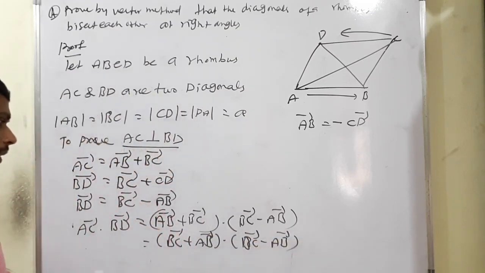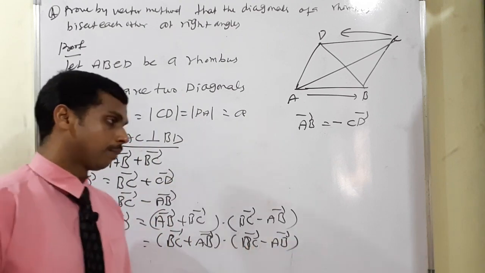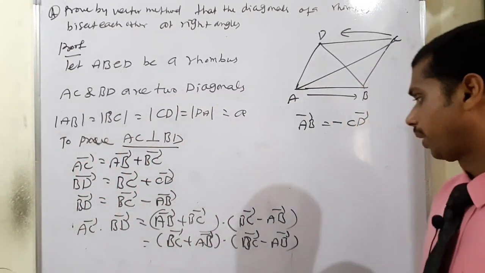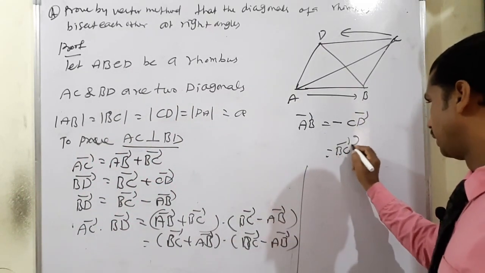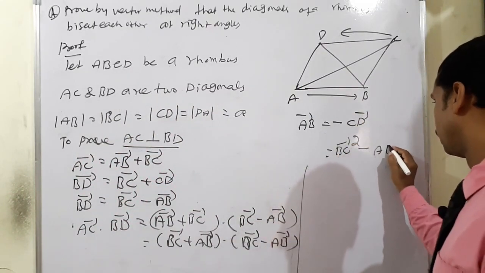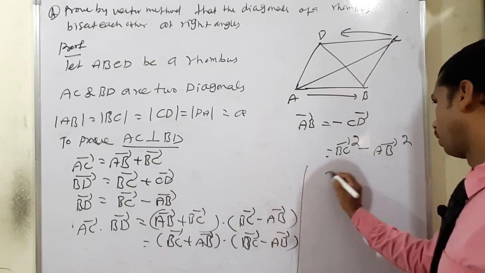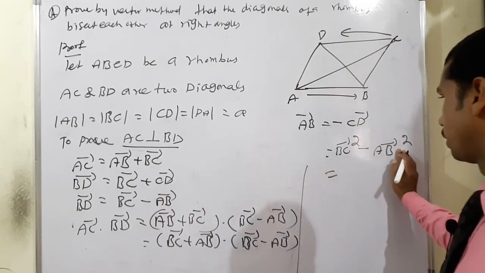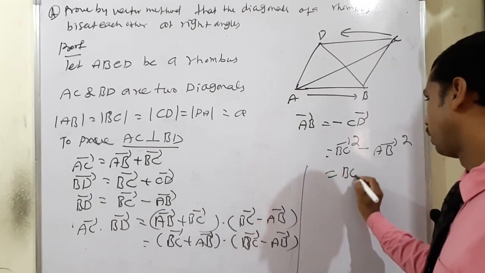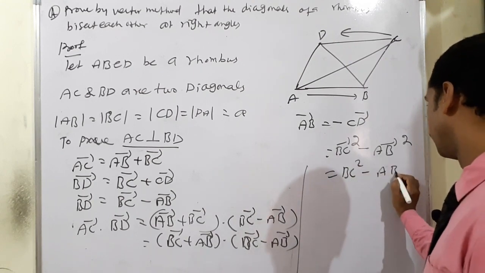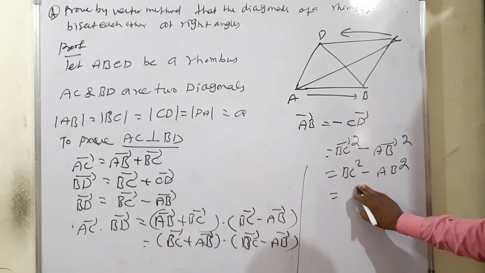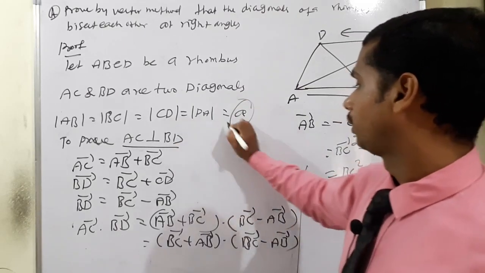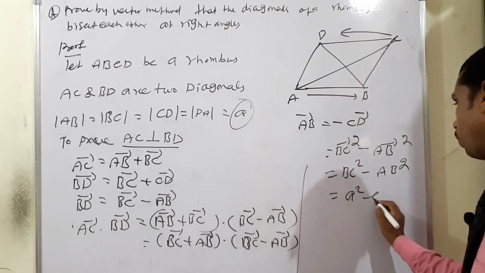Look at there: A plus B into A minus B. Therefore, we can write it as A square minus B square form. So A square minus B square means BC vector square minus AB vector square. Square means we can write it without vector. So BC square minus AB square. By the condition, each and every length will be equal, so we can write a square minus a square.